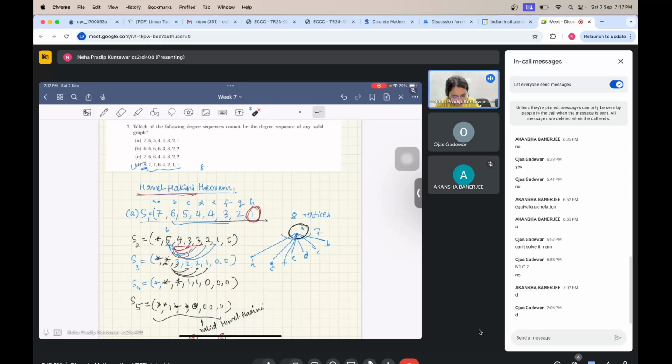Are you saying the degree of H is 4? No, ma'am. If we had a different sequence than this and we come to a conclusion in step 4 that here it is 3 stars, 2 ones and 3 zeros. If we had 3 stars and 4 and 4 zeros, then what should we do?